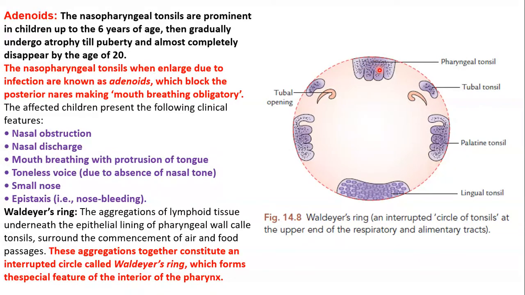So it causes difficulty in breathing through the nose, so mouth breathing obligatorily appears.